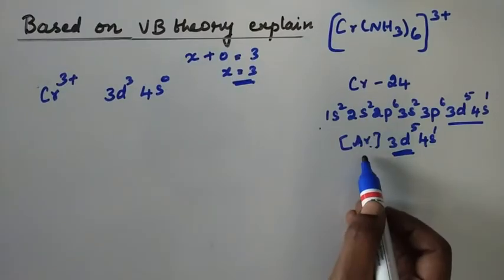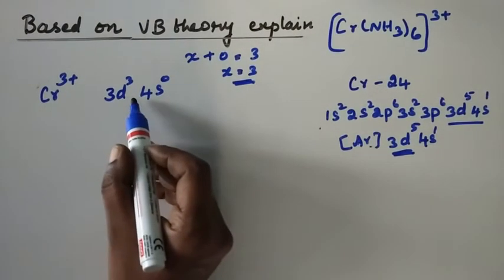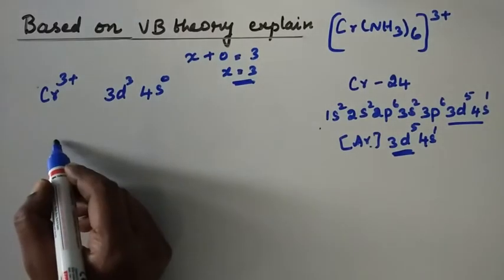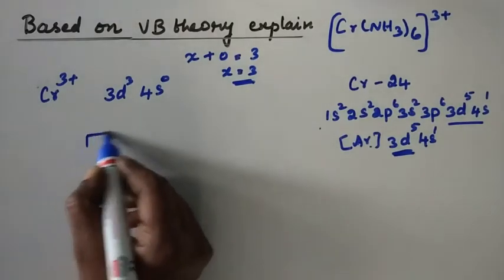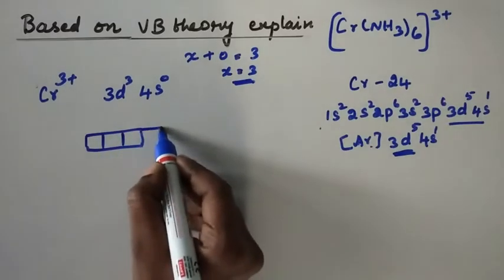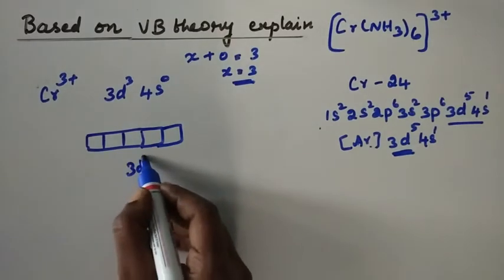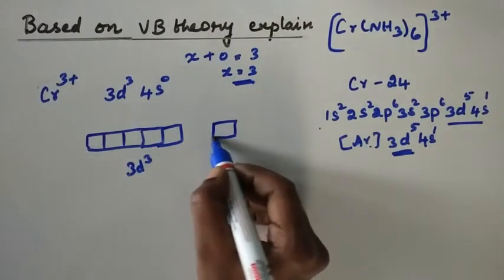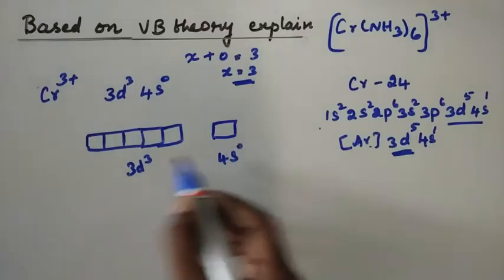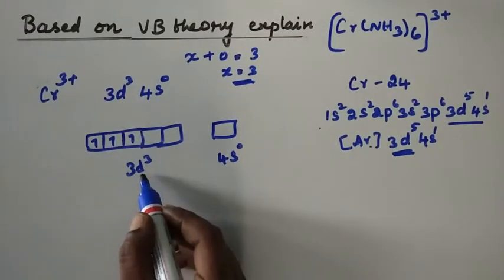This is from the ground state, and in the excited state it loses 3 electrons. It is 3d3 4s0. And so when we draw these orbitals, it is 3d3, 4s0. So 3 electrons are there, 3d3.